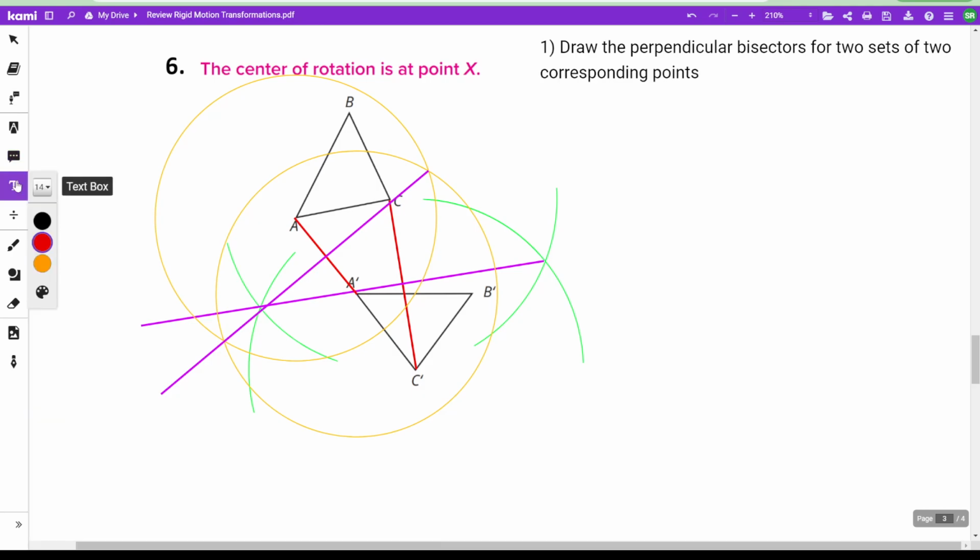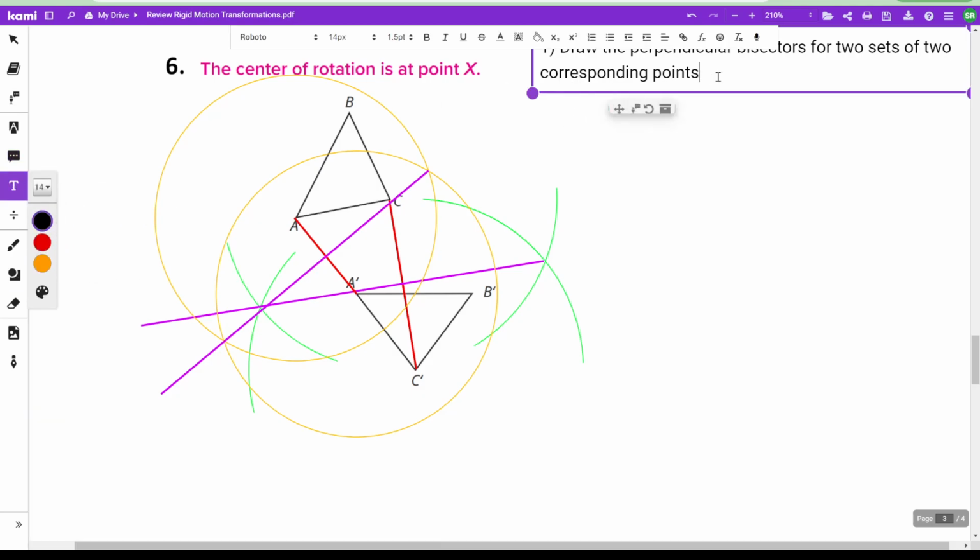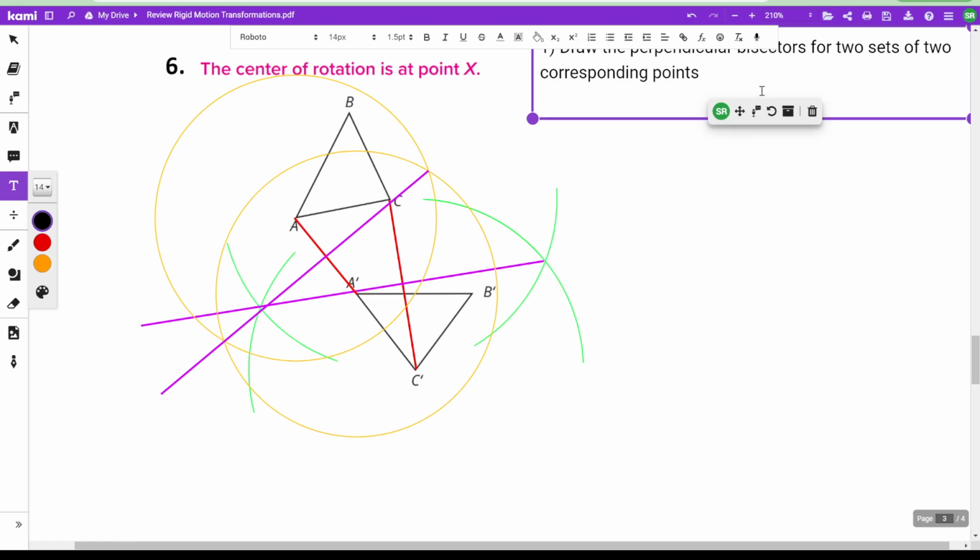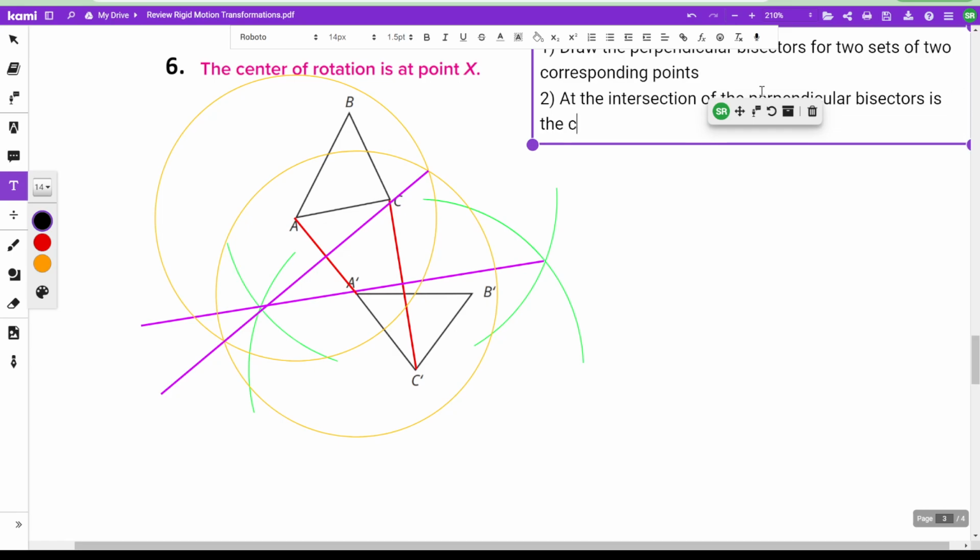Now, step 2. And this is more of a statement: at the intersection of the perpendicular bisectors is the center of rotation.